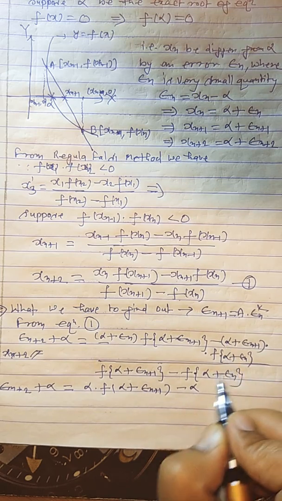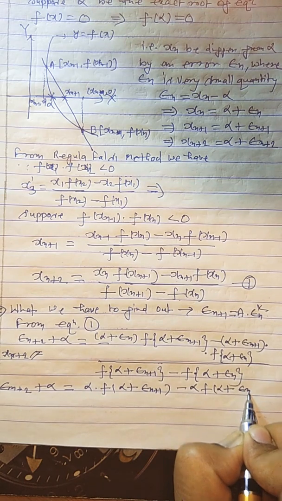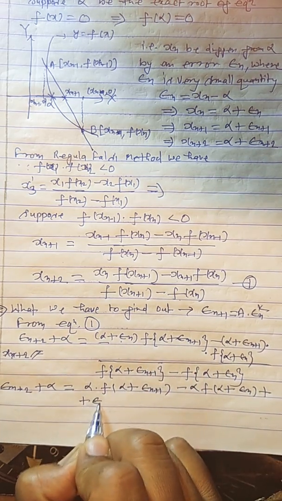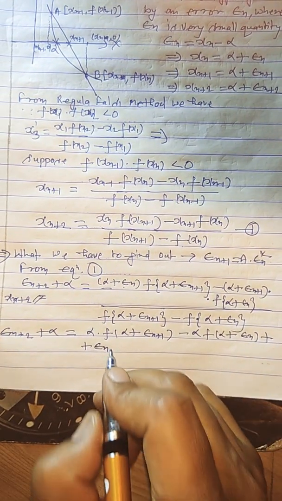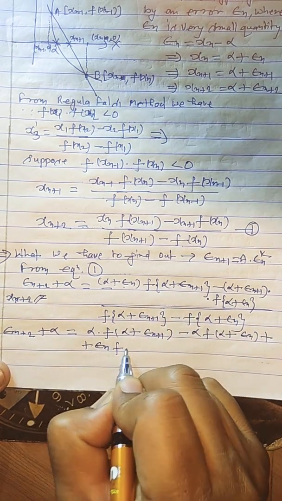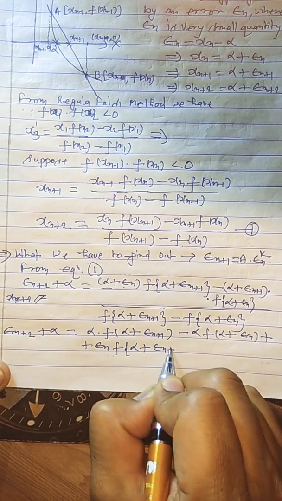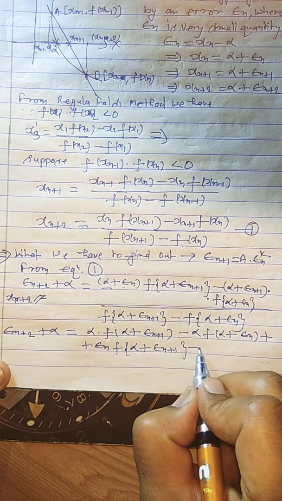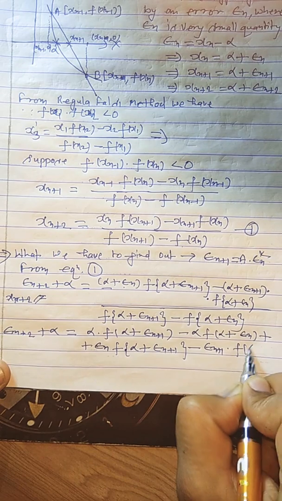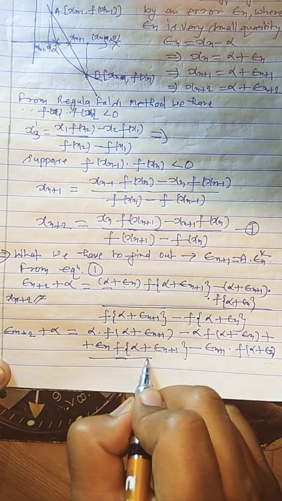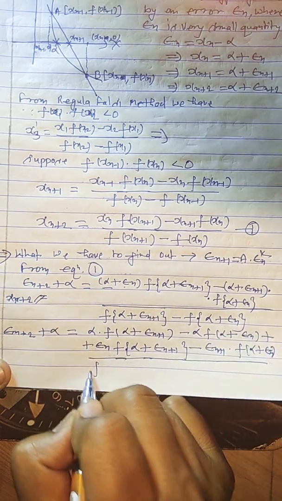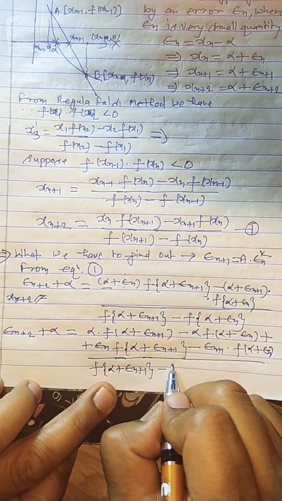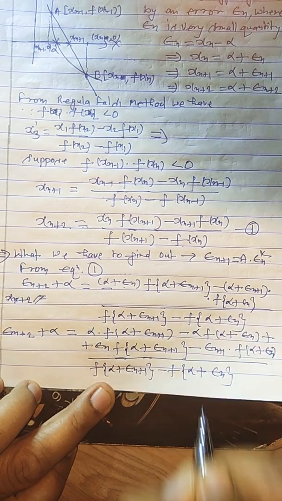Minus alpha into f of alpha plus epsilon n, plus we multiply this by epsilon n, we get plus epsilon n into f of alpha plus epsilon n plus 1, minus epsilon n plus 1 into f of alpha plus epsilon n, and whole divided by f of alpha plus epsilon n plus 1 minus f of alpha plus epsilon n.